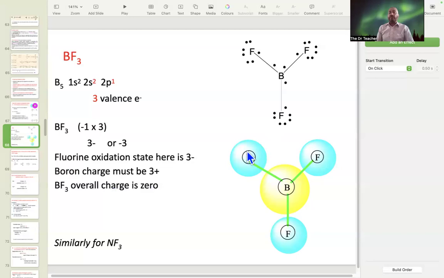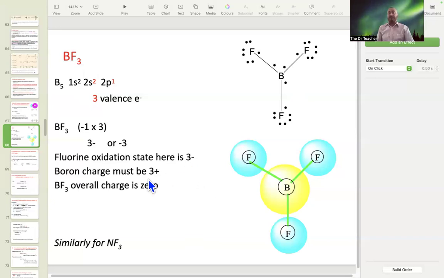So overall, now we come to the overall charge, because fluorine came with a single electron. Boron had 3 single electrons. In total, boron will be +3, and the 3 fluorines will be -3.